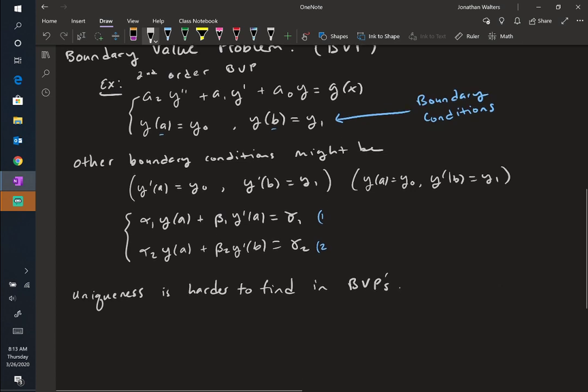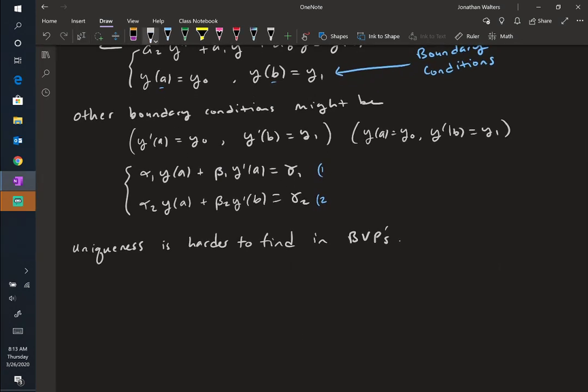Let me just say, for example, if we have a differential equation y double prime plus 16y equals 0, somehow magically, we'll find out later, the solution y is equal to c1 cosine 4x plus c2 sine 4x. And depending on your conditions, those constants, you might have one solution.